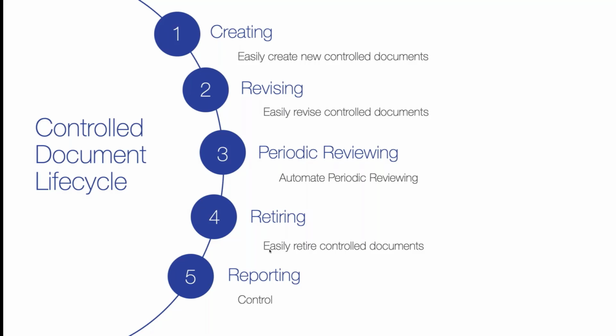We've shown you how the documents can be sent for revisions. We've gone through our periodic review cycle, which will automatically identify documents that need to be checked to make sure they're still valid, how you can retire documents when they're no longer needed, as well as the reporting so that you can keep control of the entire process.